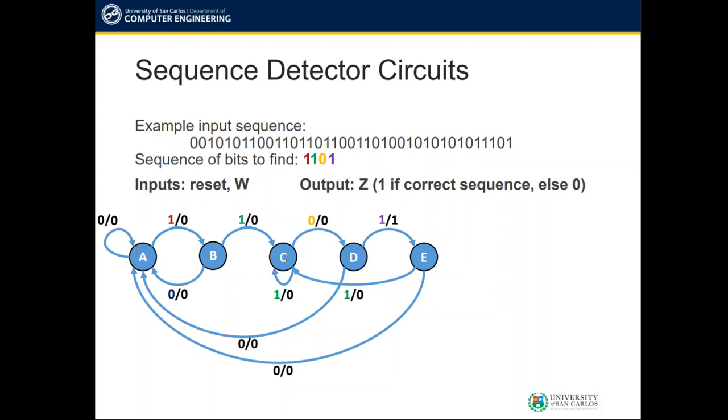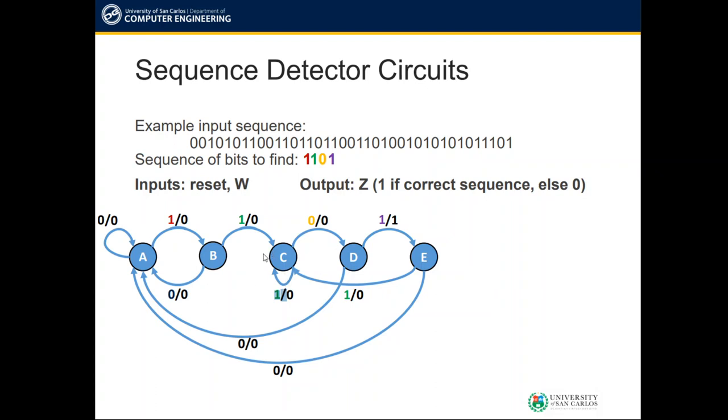In state C, your alternate input here is 1. So I place the arrow going back to C, because in this state you already have a 1 from this one, a 1 from this one, and then another 1 here. So it is 111.